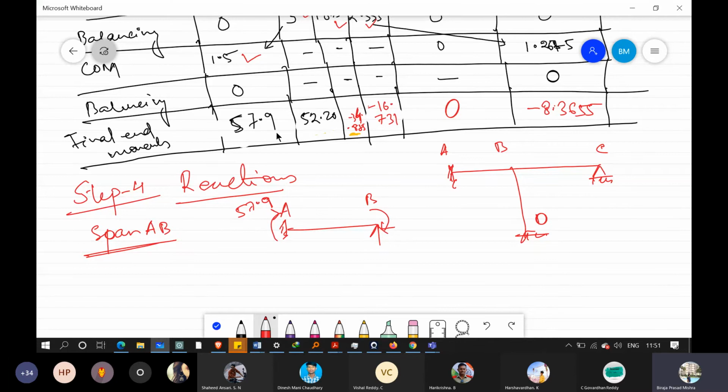Since both are in the same direction, let us take this one as 52.20. Here we have one force, this is 100 kilonewtons, and this is 3 meters, and this is 2 meters.